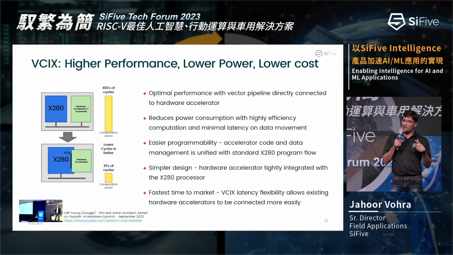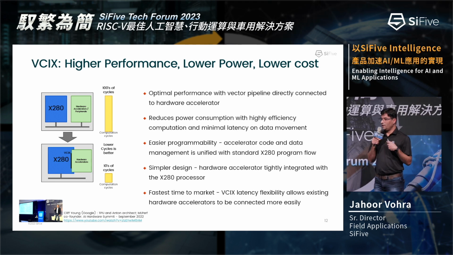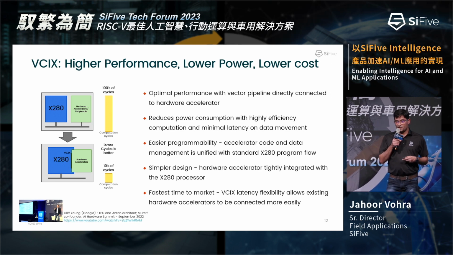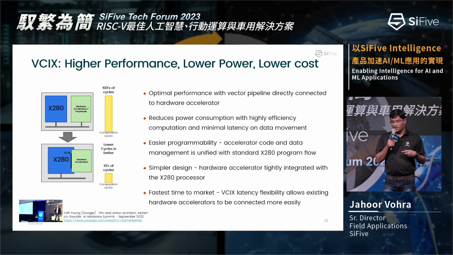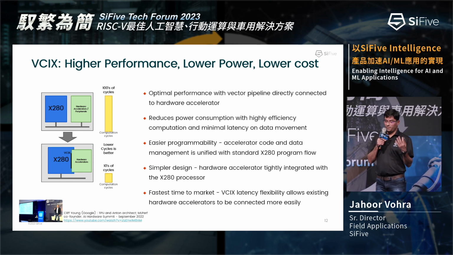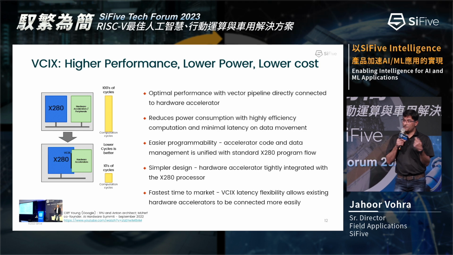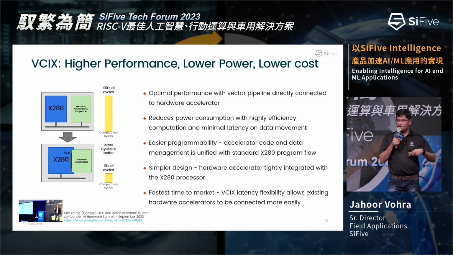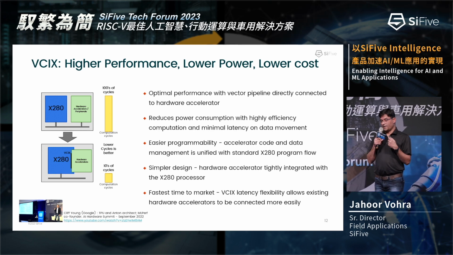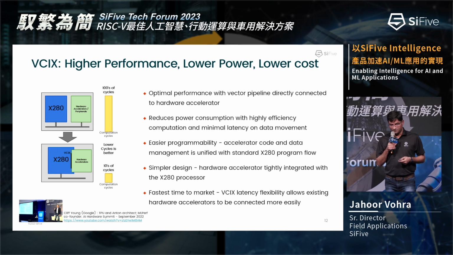You want to be able to move lots of data through the accelerator in a low latency manner and deliver high throughput on that interface. So essentially, the accelerator has 1,024 bits of data that it can consume from the vector pipe and the vector register file and write results back every cycle. The interface was designed to be a decoupled interface. So depending on the accelerator, it can be a fire and forget or a push-pop style interface as well.